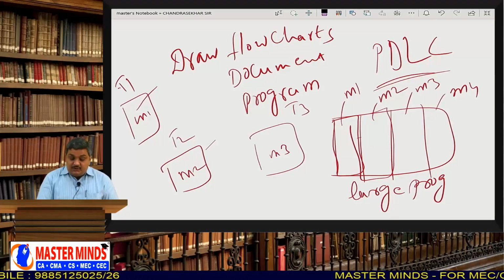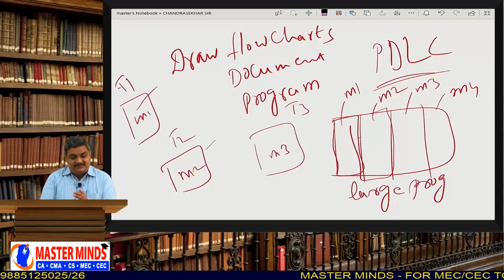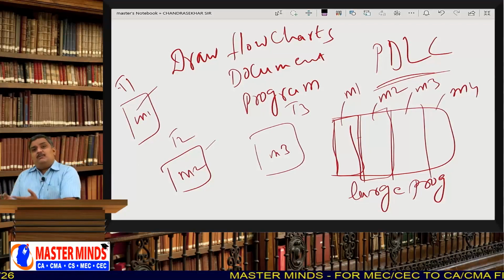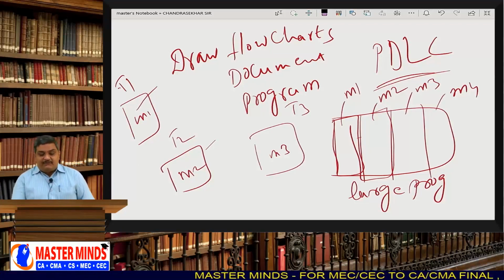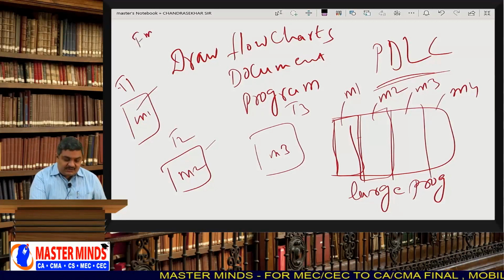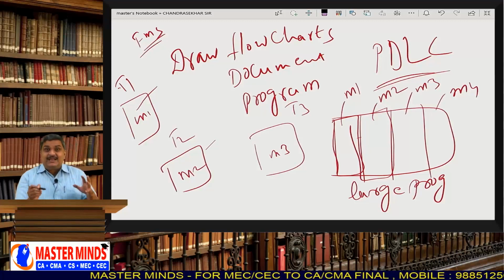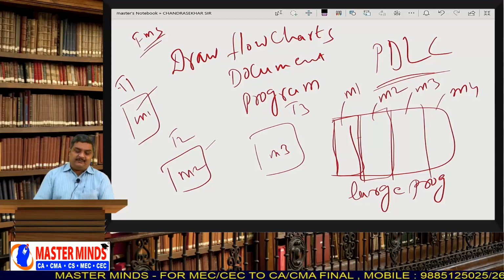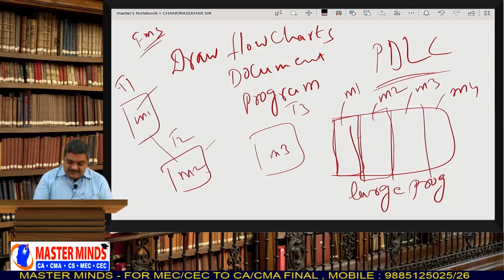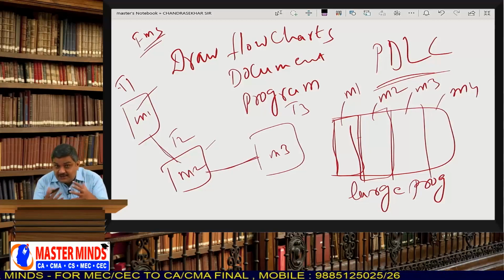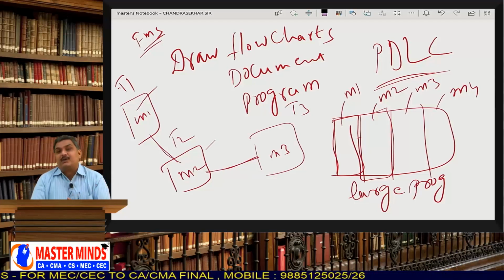And later, you have to join all of these things, because these are all modules related to the same program. That means, our financial management system is divided into 3 modules and 3 separate teams have written this software. Now we have to do the integration testing. If all these 3 modules are joined together, are they functioning properly or not?